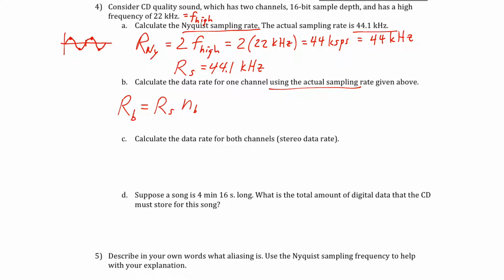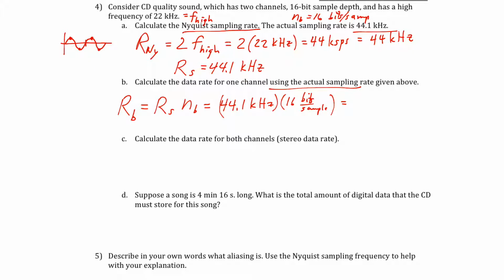And 16 is our bit depth, bits per sample. Okay, gives 2 to the 16th different voltage levels. And so R_s is 44.1 kilohertz, and N_b is 16 bits per sample.